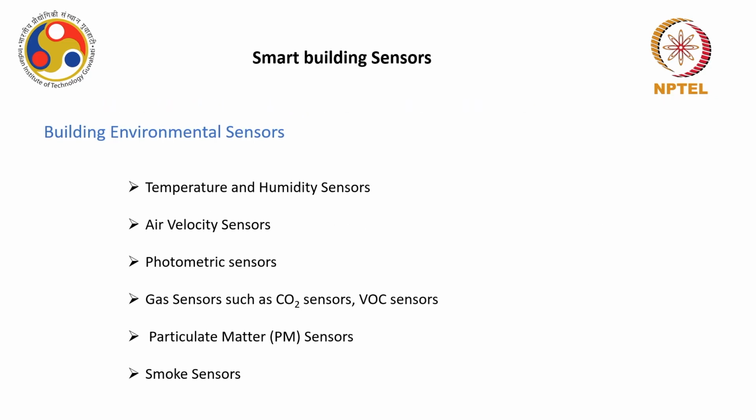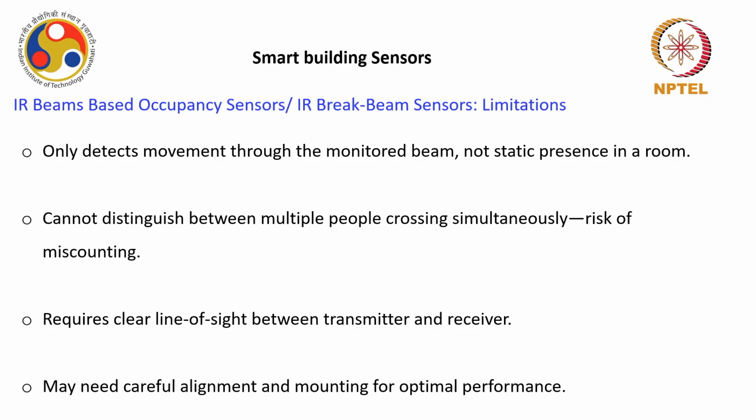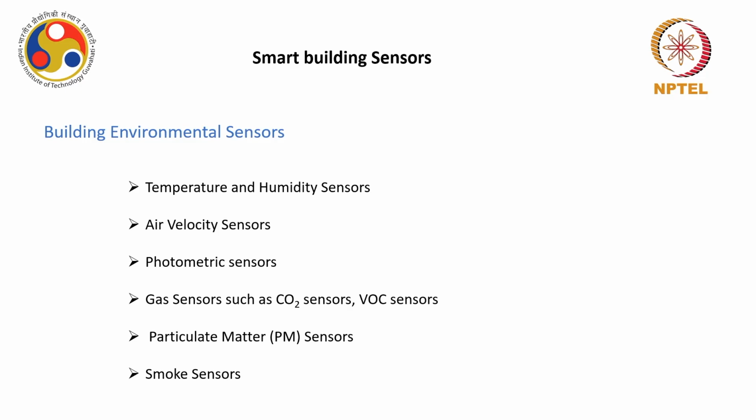Okay. So these are all about the smart building occupancy sensors. In the next class, we will talk about building environment sensors. This will include temperature and humidity sensors, air velocity sensors, photometric sensors, and gas sensors, for example, a carbon dioxide sensor, a volatile organic compound sensor or any other toxic gas monitors.